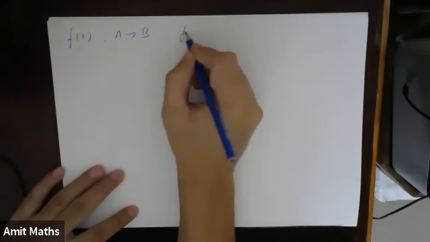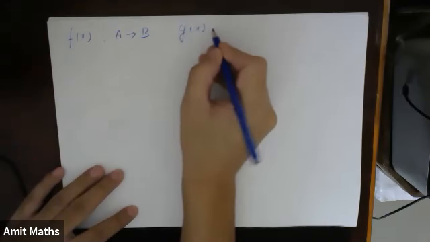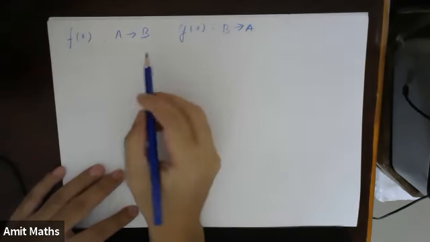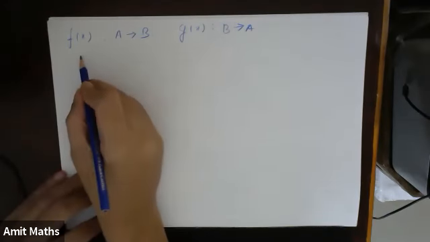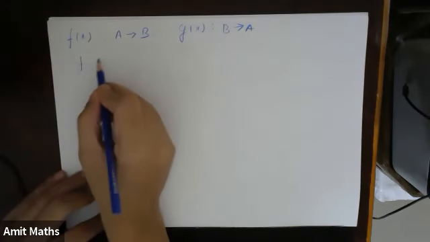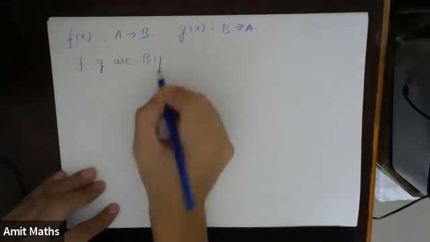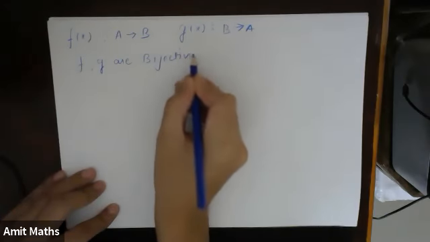Then g will be from B to A. The property is that f and g are bijective in nature.